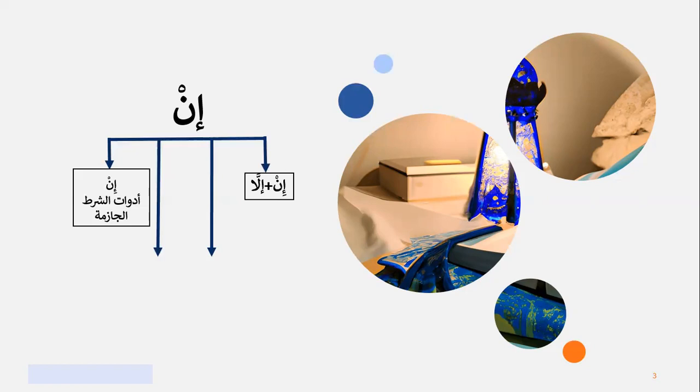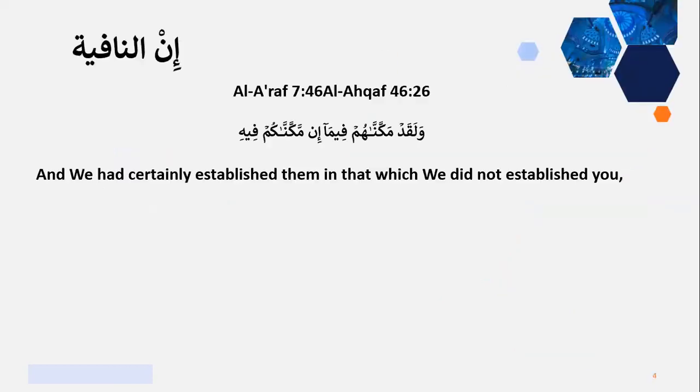So it's kind of a negation over here. Please remember this because we will need it over here in an-nafiya. You can relate it to the in plus illa construction. And then we have in al-mukhaffafa, which is just like an al-mukhaffafa. We will learn how.